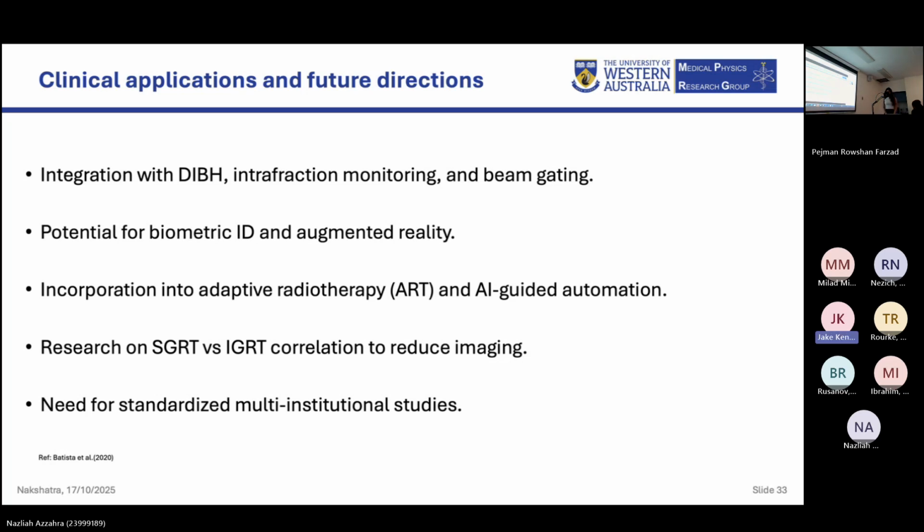Further research comparing SGRT with IGRT could help in minimizing the imaging dose and improving workflow efficiency. Finally, to strengthen evidence and consistency, standardization is also recommended.